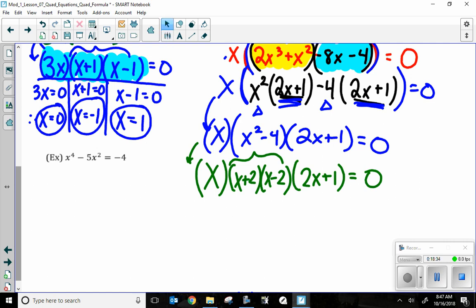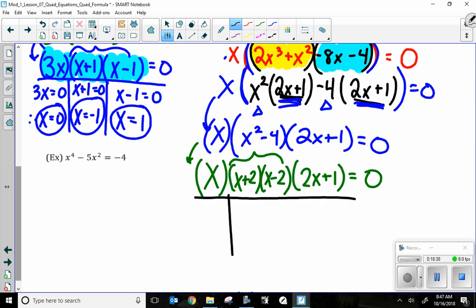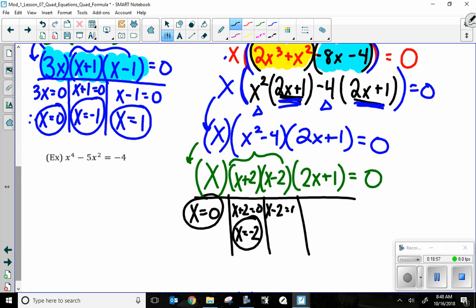And all I'm going to do is solve each one of those. Okay, x equals 0. Okay, that's solved. I didn't have to do anything. Nice. X plus 2 equals 0. So my x has to be negative 2. Right? X minus 2 equals 0. So my x should be positive 2.